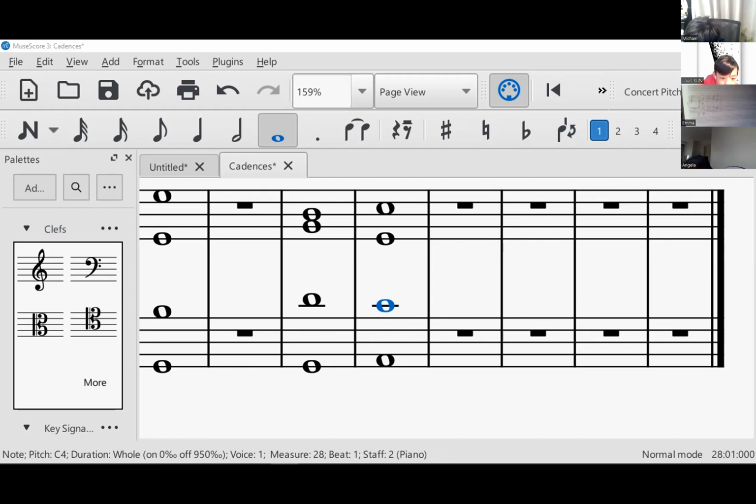Wait a second. Yeah, and also switch the outer voices around in the second one.